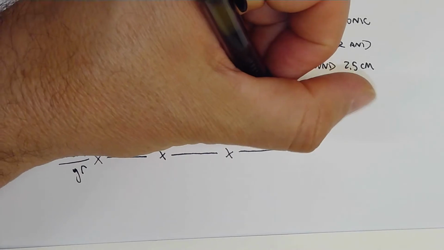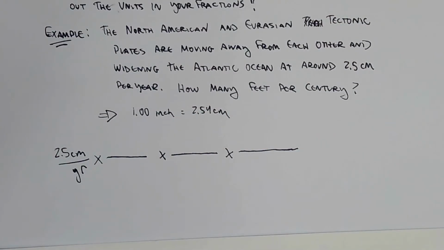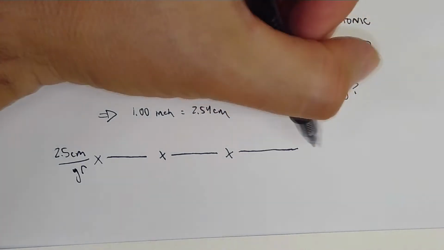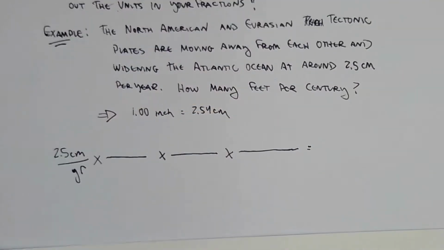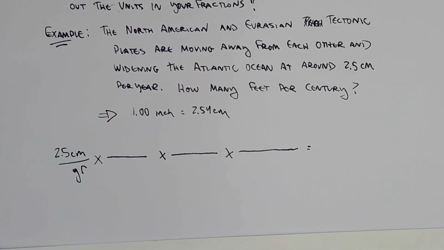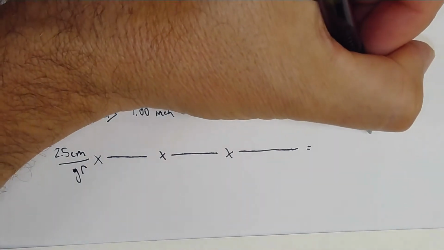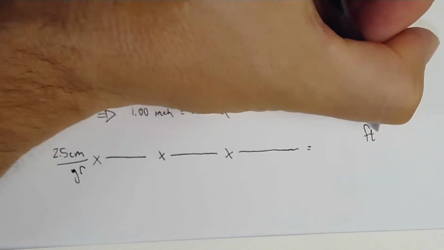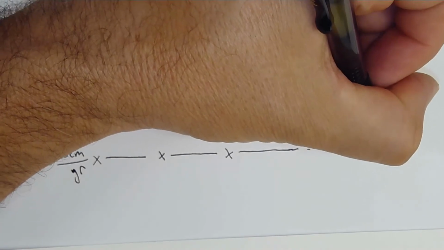Now, you are not obligated to know in advance of doing your problem how many steps it's actually going to take you. I just like to do it this way for the example, because then we can write where our goal is going to be, and our goal is going to be feet per century, and I don't know what a unit for century is, so I'm just going to write it out.